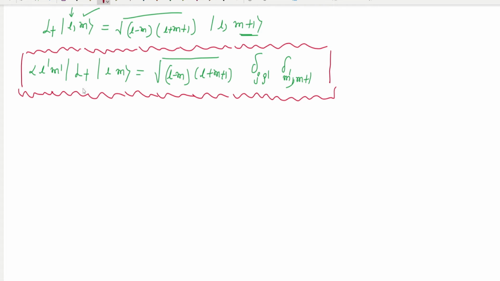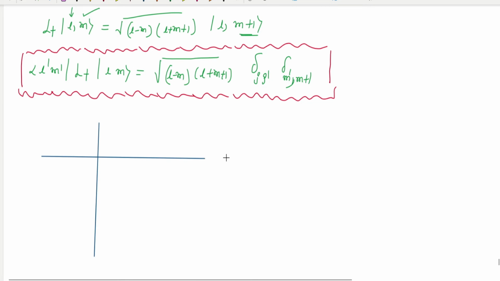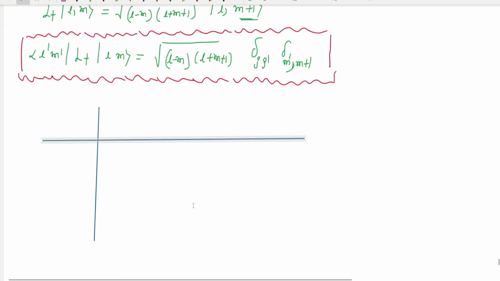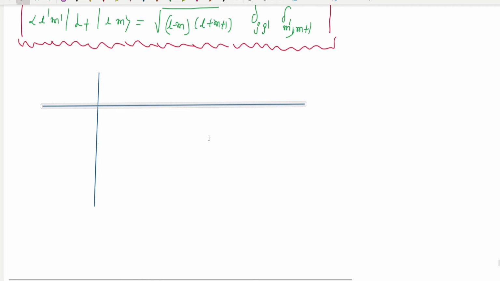So here, okay, this is L plus, right? I'm going to derive this one quickly.